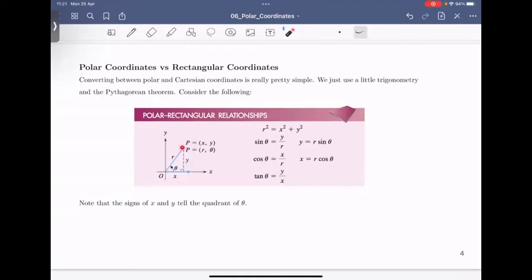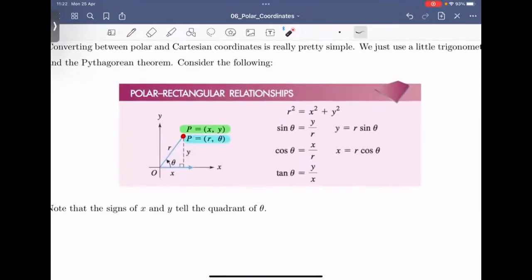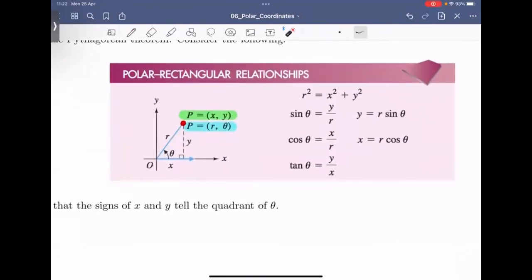The same point, okay, the same point. In polar coordinates, you can say this is r, theta. The same point in rectangular coordinates, you say this is x, y. Let's suppose they are the same point P here. In rectangular coordinates, you measure x and you measure y.